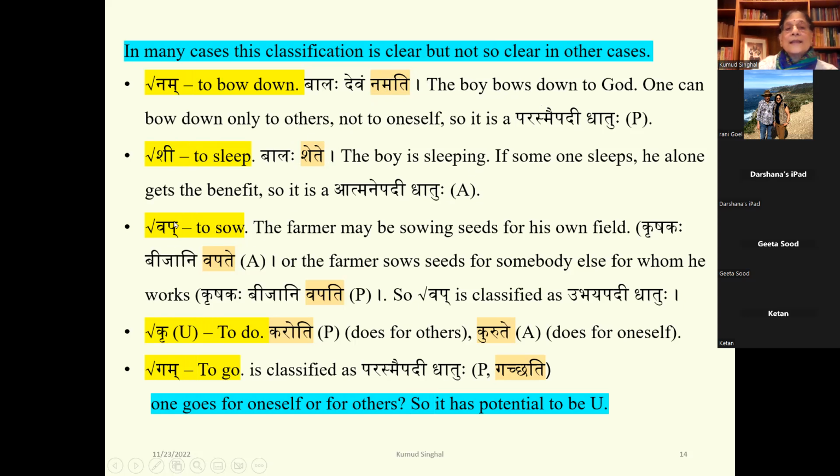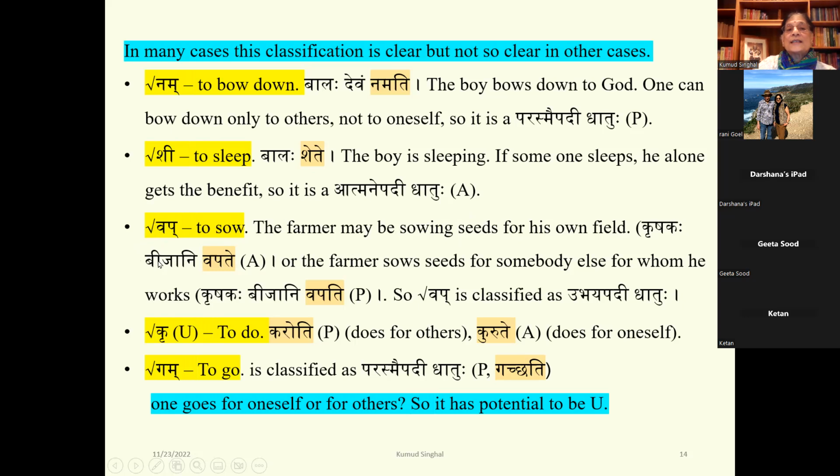Now let us look at the dhatu vap. Vap means to sow. The farmer may be sowing seeds for his own field, right? So this is an action done for oneself, so the root will be atmanepadi. Krishakaha is the farmer.